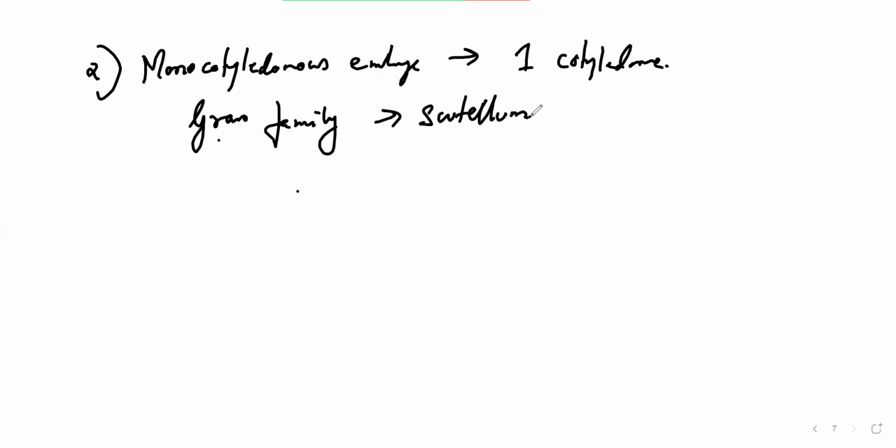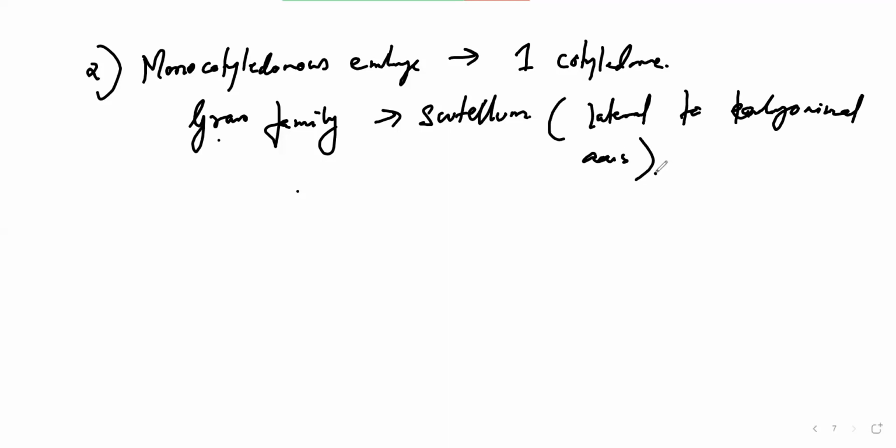The scutellum is situated laterally to the embryonal axis, unlike in the dicotyledonous embryo, where the axis was above and below the level of the cotyledon. So it is lateral to the embryonal axis.